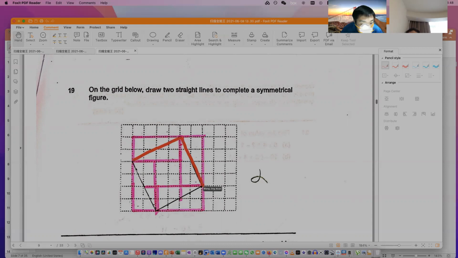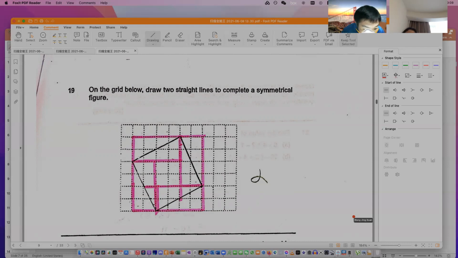You need to unmute yourself. So basically these two are given, and you need to draw 2 straight lines to complete a symmetrical figure. This one is drawn for you, this one also, and then you have to draw 2 more to get a symmetrical figure. So why are you wrong?